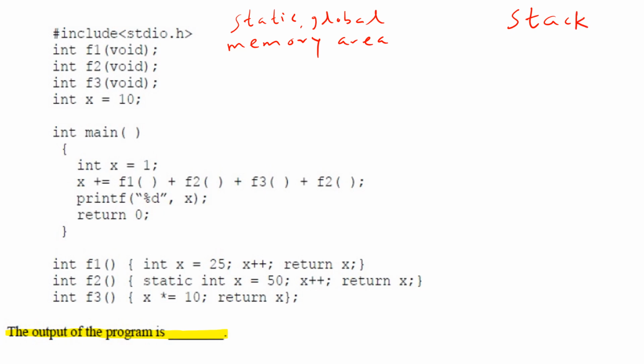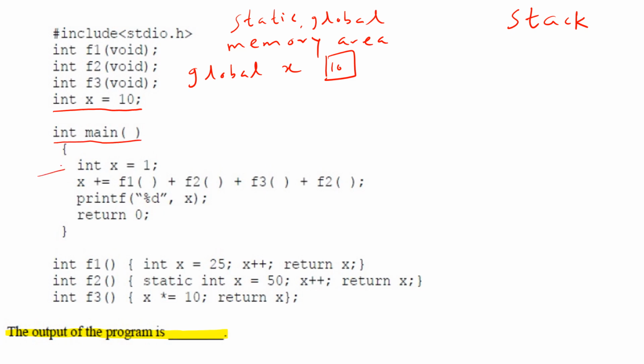Before main gets control, memory for this global x will be allocated and it gets initial value 10. So we have a global x with initial value 10. Then execution will begin from main.